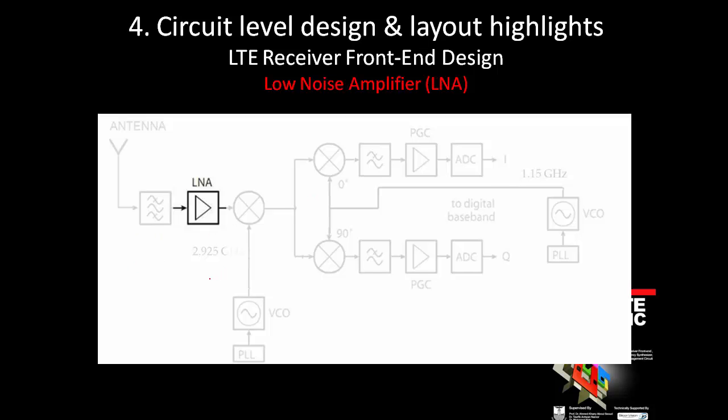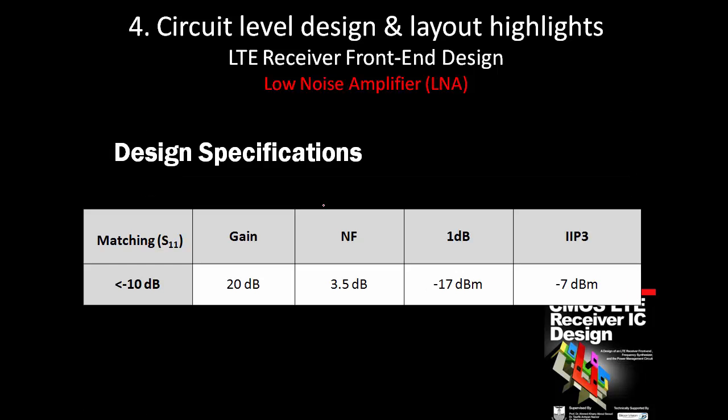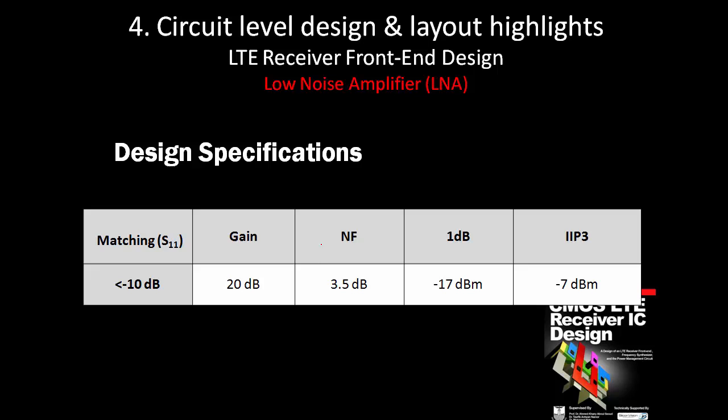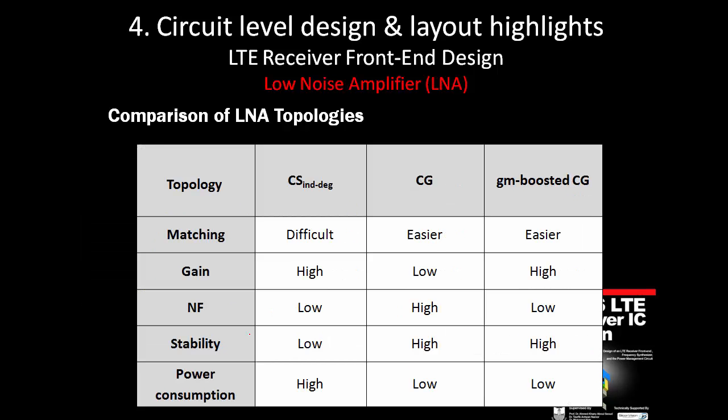Here is the low noise amplifier in our system design on our block diagram, and from these specifications we derived specifications related to this low noise amplifier block, and then we start working to match these specifications.